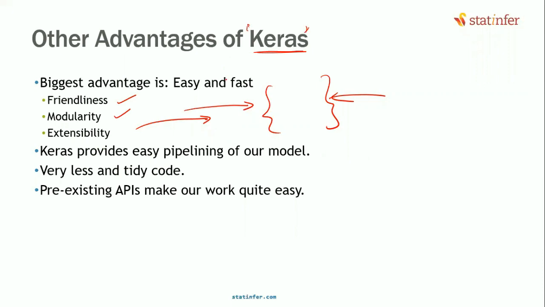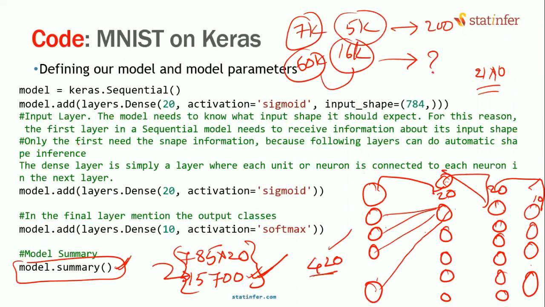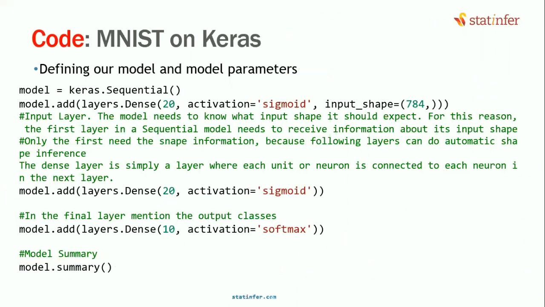Very less lines of code, very much tidy code. It is already having so many pre-existing functions. All that we need to do is call the right function and give the right parameters. Automatically everything will be taken care of. Look at this here. We did not mention the data, we did not mention the cost function, we did not code it for back propagation and all that.